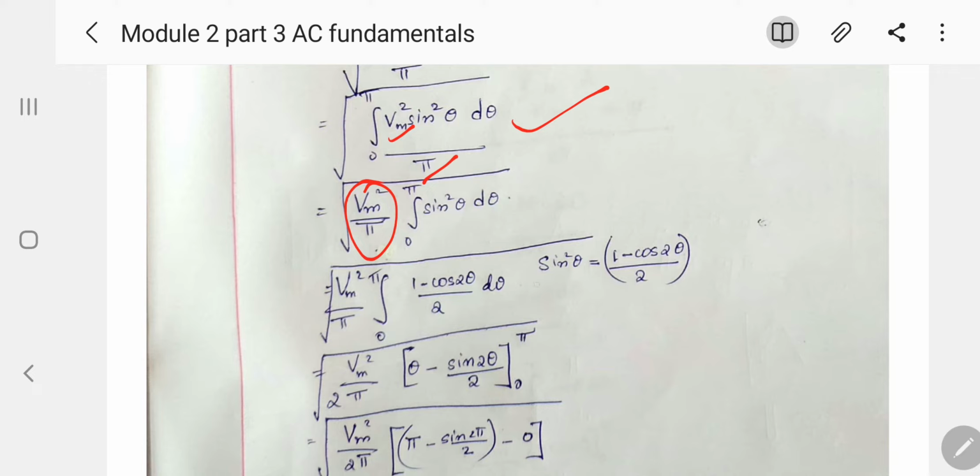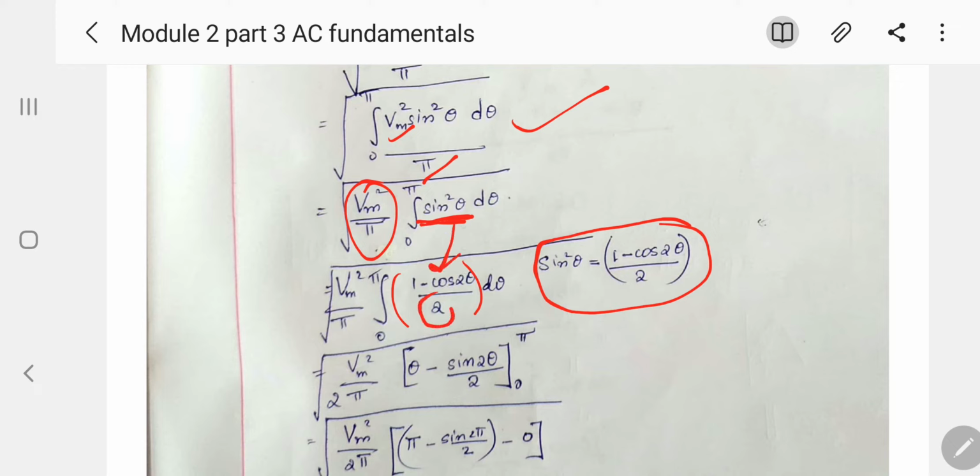But we don't know how to directly take the integral of sin square theta. We are going to change the form of sin square theta as (1 minus cos 2 theta) by 2. So Vm square by pi, integral 0 to pi, (1 minus cos 2 theta) by 2 we have to integrate now. Instead of sin square theta, we are writing 1 minus cos 2 theta.